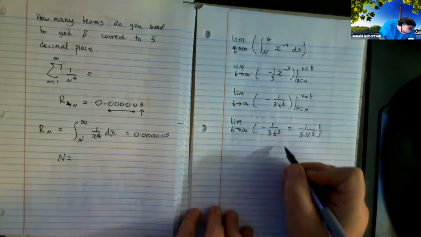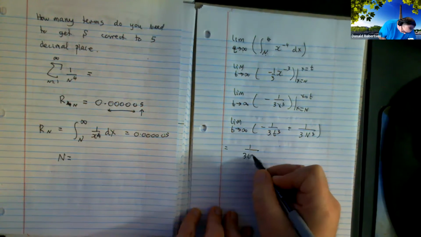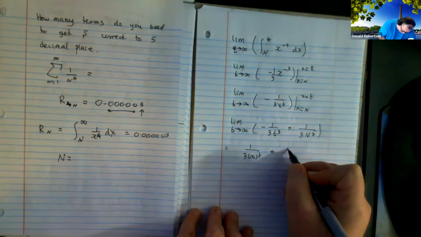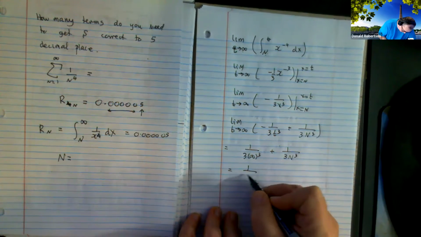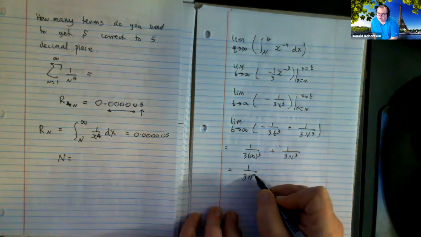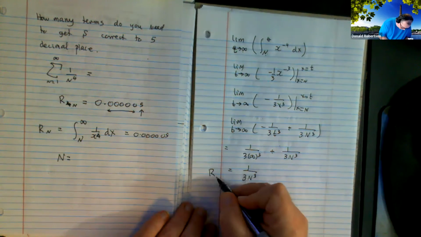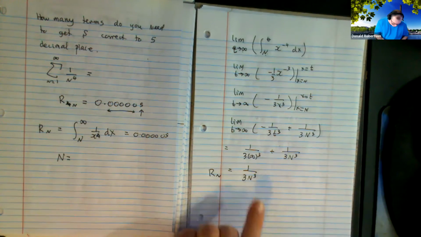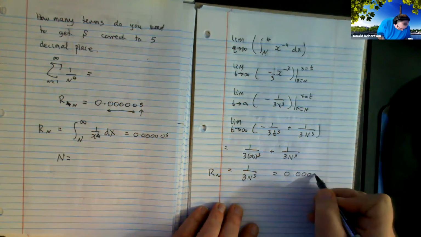And if you do brute force, you get 1 over 3 times infinity cubed plus 1 over 3n cubed. And so you end up with that guy. So far, so good. This is what Rn is equal to. And we want this to be a very, very small number.